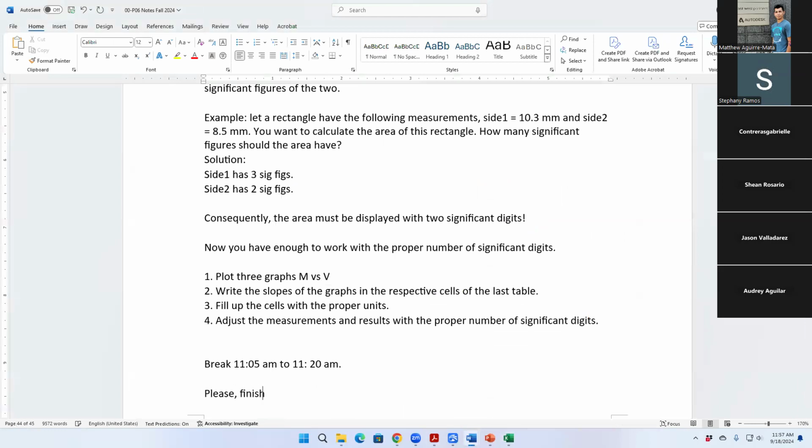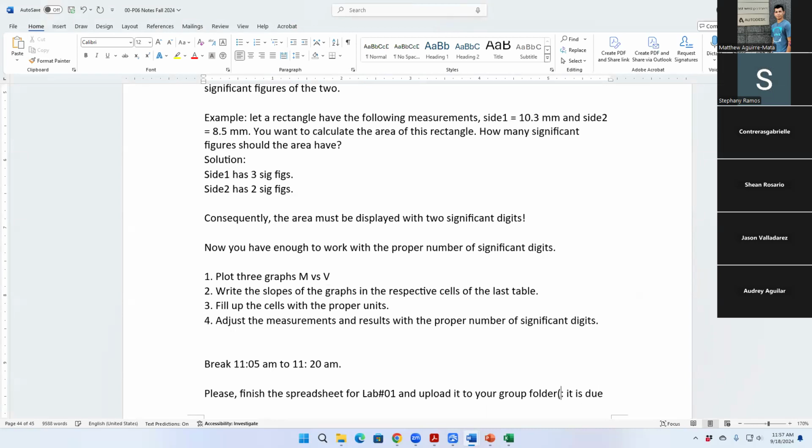Please finish the spreadsheet for lab number 1, okay? And upload it to your group folder. It is due, just the spreadsheet. Later on, we will worry about the hard copy, right?